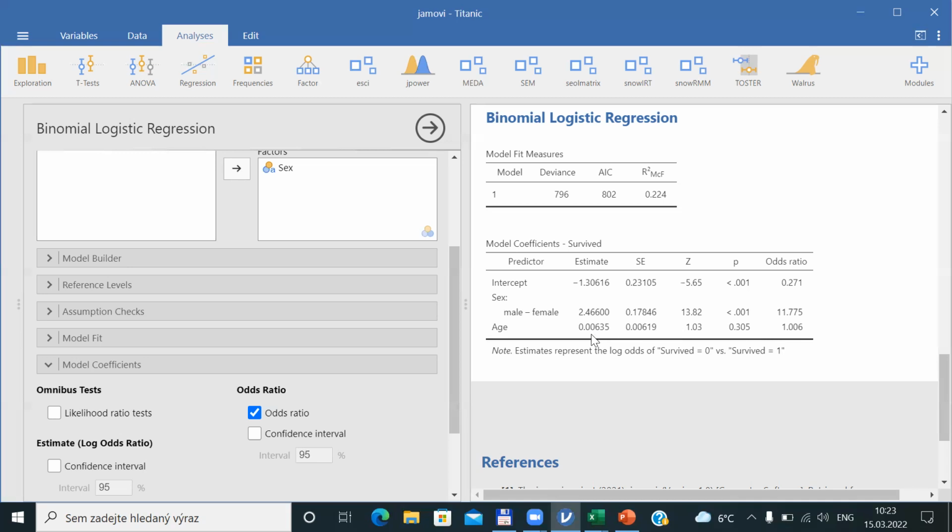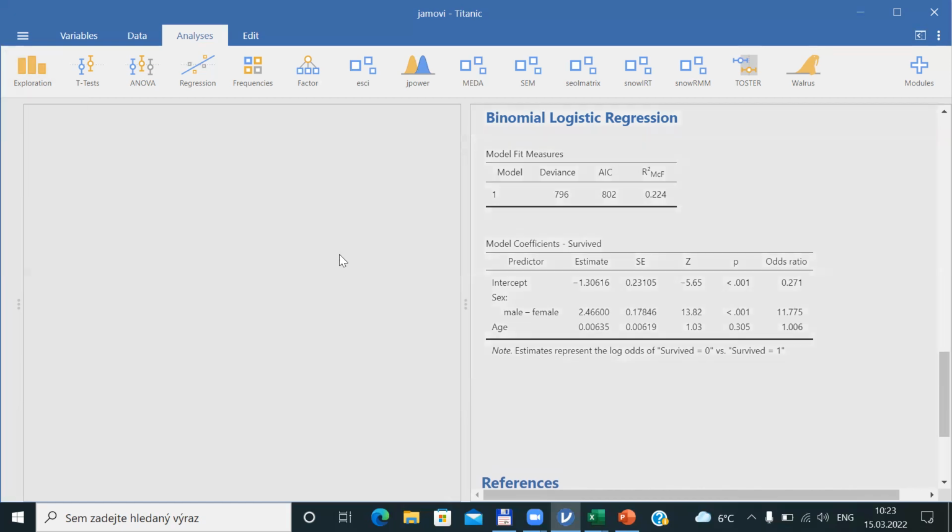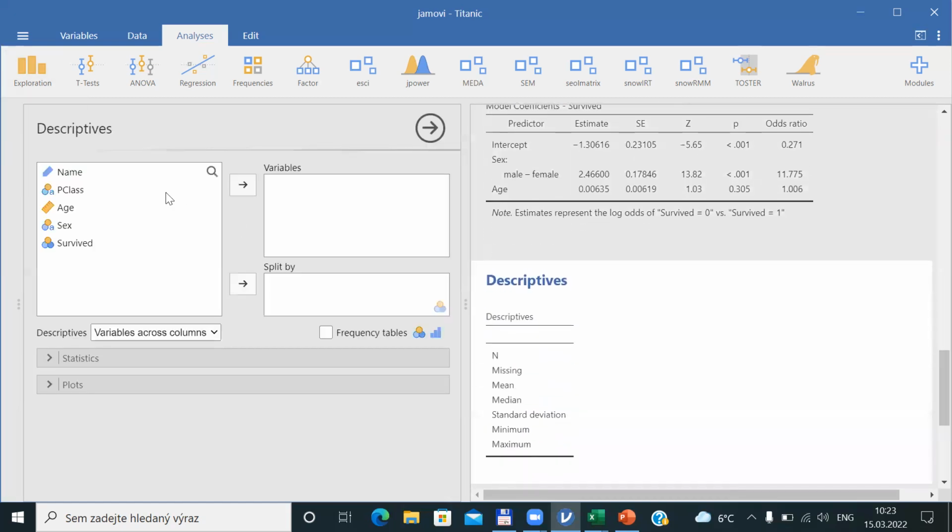So that's the first insight, but still, the value is quite small, and the scale for age is quite long. If you don't believe me, we can go into descriptives. Here it is, and we can describe the age variable, and you can see that there are quite a lot of missing values.